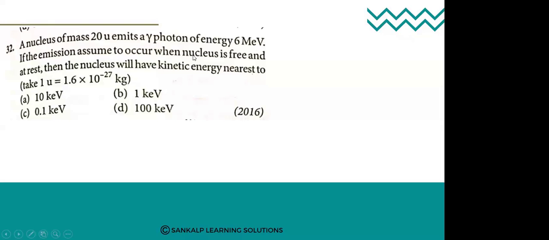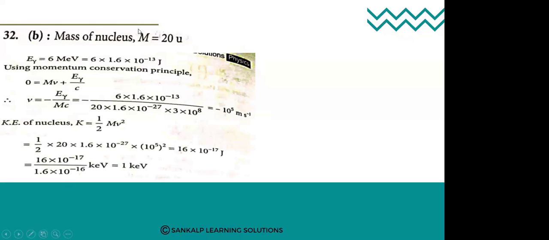If the emission is assumed to occur when the nucleus is free and at rest, then the nucleus will have kinetic energy nearest to. 1 U is equal to 1.6 into 10 raised to minus 27 kg. Kinetic energy is equal to half mv square. Here the m is given as 20 into U.